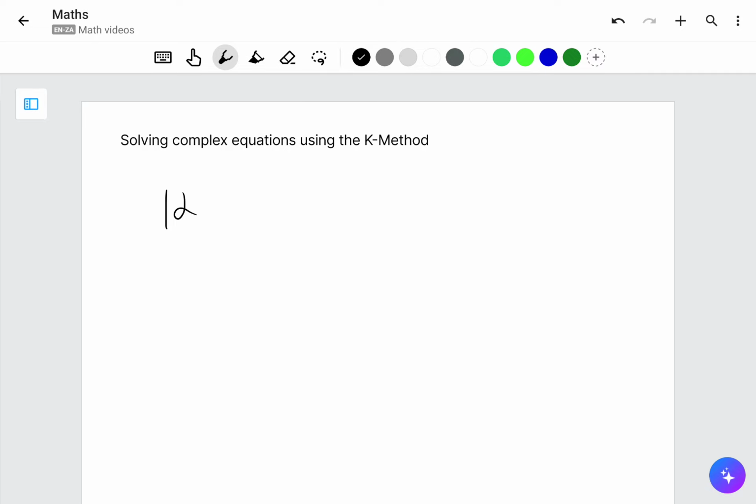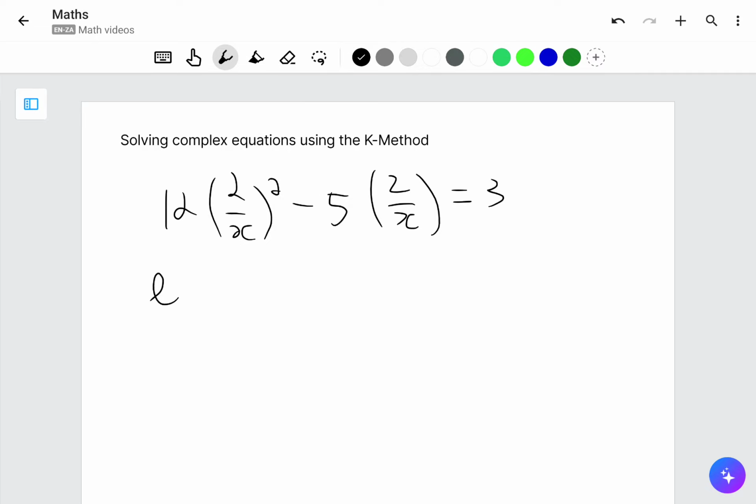So given 12 times (2 over x) squared minus 5 times (2 over x) equals 3, okay? And again, we're going to solve this equation using the K method. So we go into the exact same routine. We're going to say let k equals 2 over x.